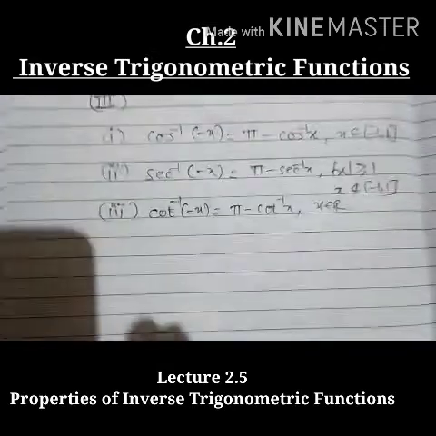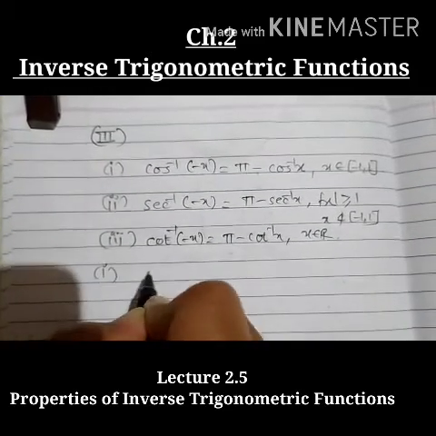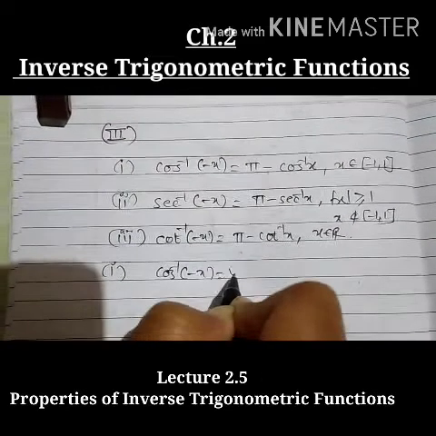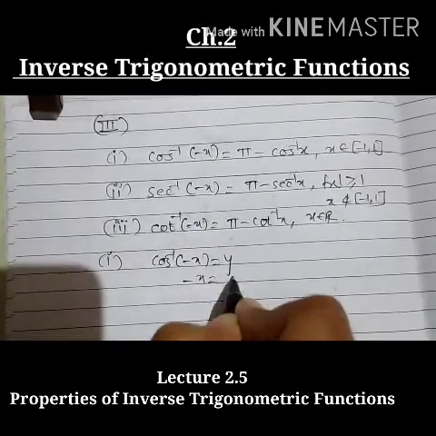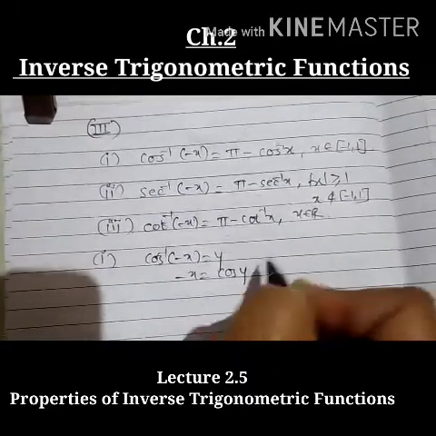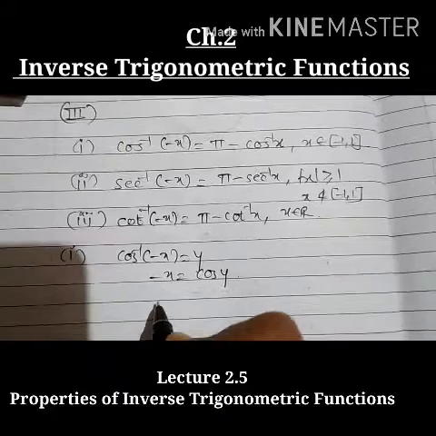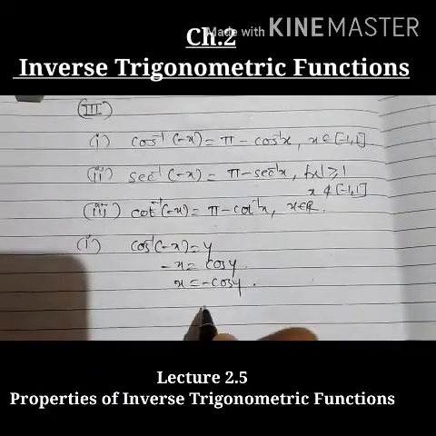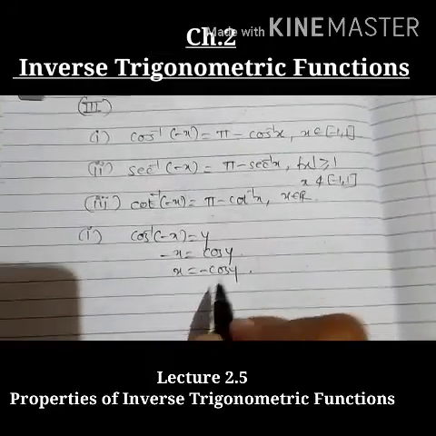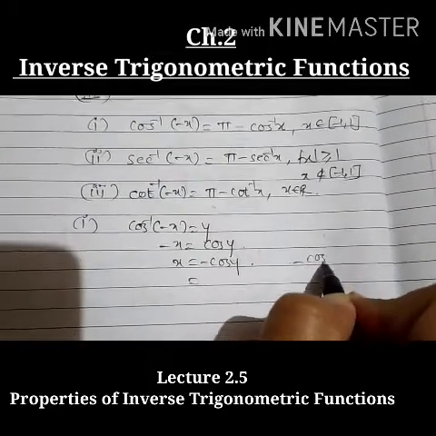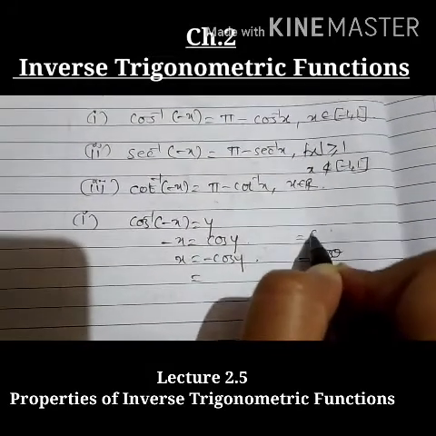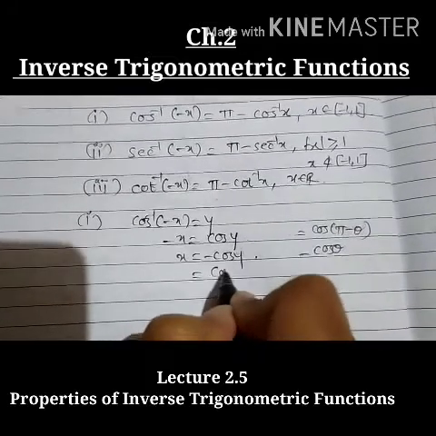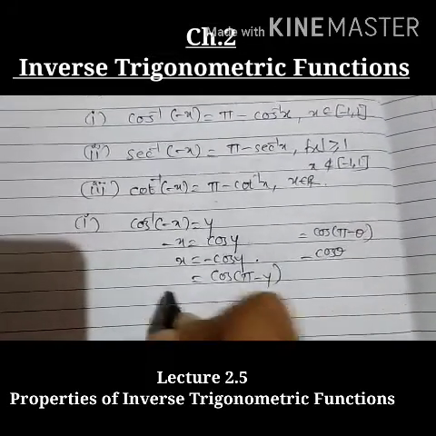Now we'll prove the first one. We'll put cos inverse of minus x as y. So minus x is equal to cos of y. So x is equal to minus cos of y. And we know that minus cos theta is equal to cos of pi minus theta. So can we write x as cos of pi minus y?